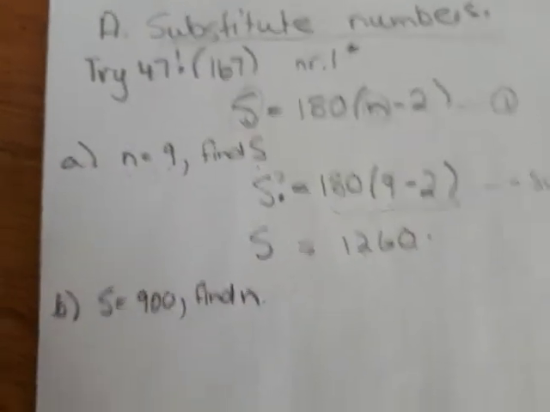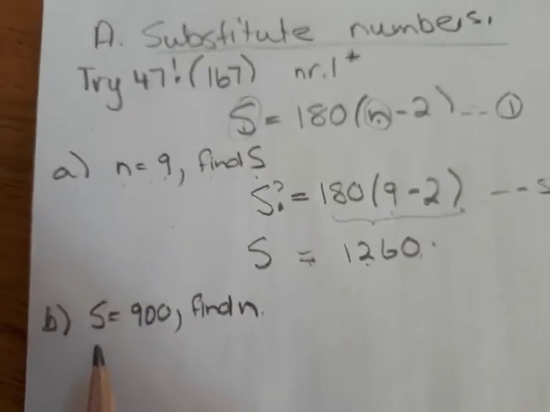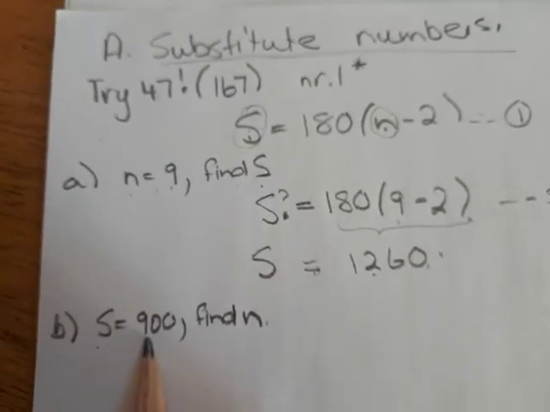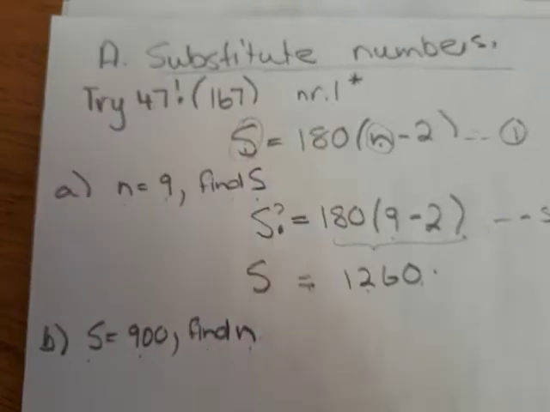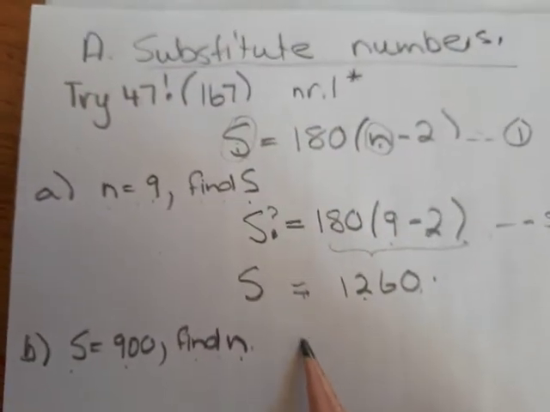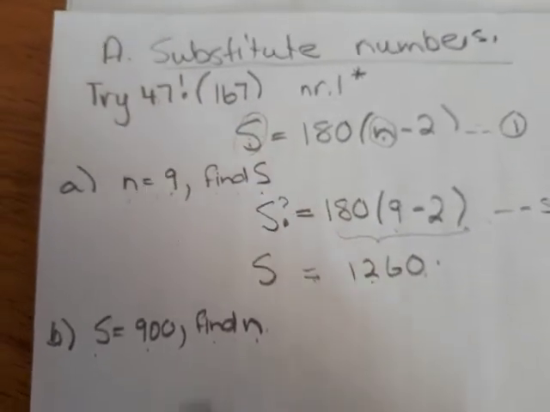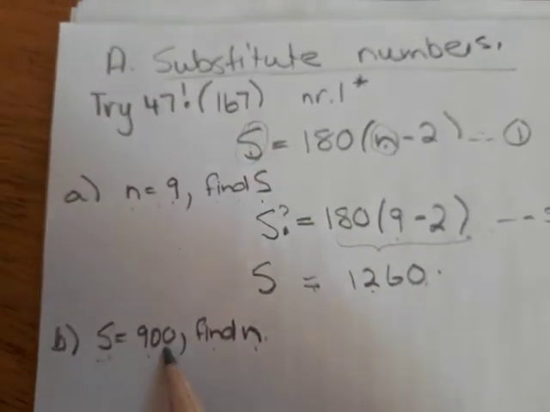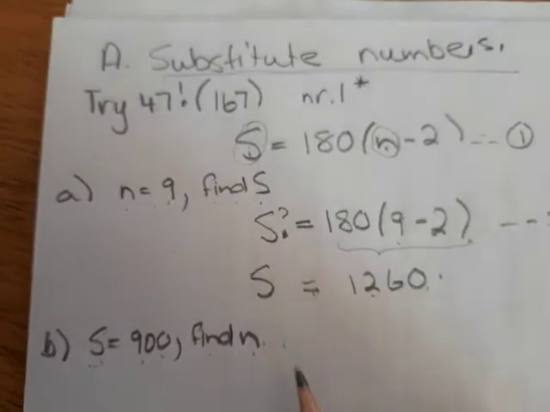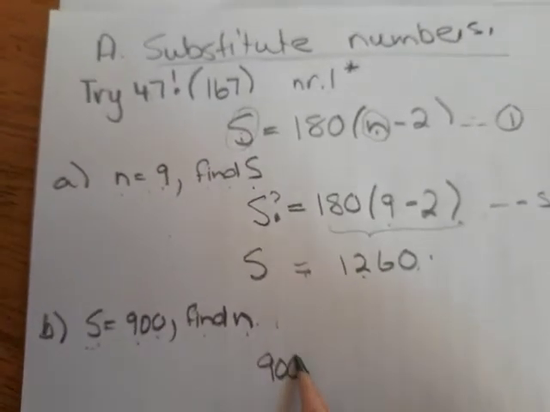But they can also give you S. So they say, if S is 900, then find n. So step 1, people, is again, use your formula and then substitute at the right place. So in the place of S, which is the left-hand side, you must write 900.